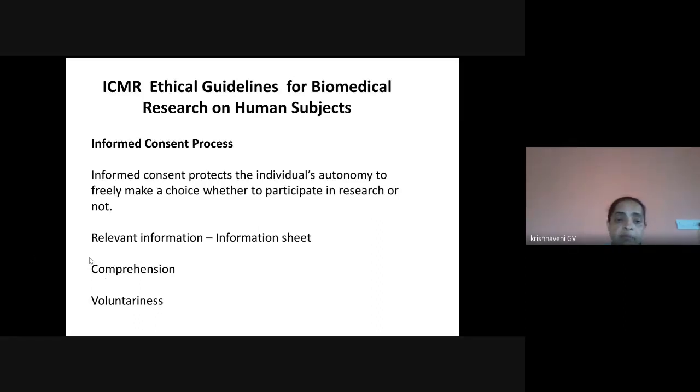You should give them time. And then the participant should voluntarily agree to participate after these two processes. Whenever you give them information, whenever you ask them to take part and provide their consent, you have to tell them that their participation is voluntary, and if they don't participate, it won't affect their rights in terms of their treatment or future participation in research, and there won't be any harmful side effects of not agreeing to participate.